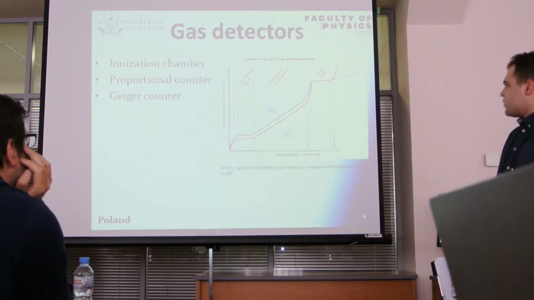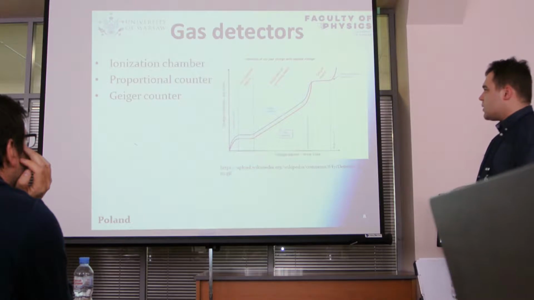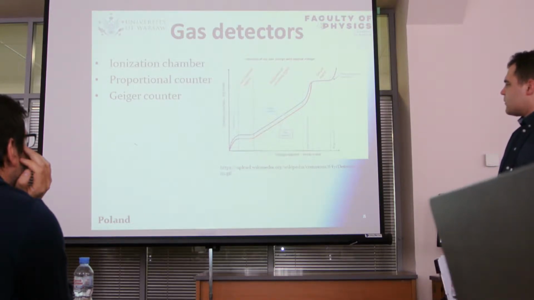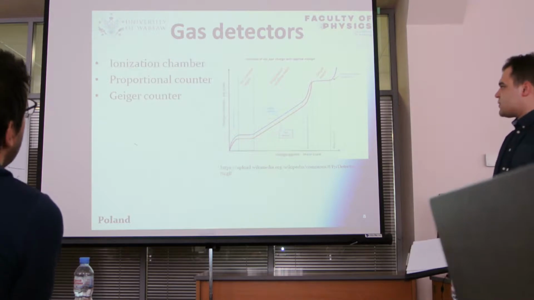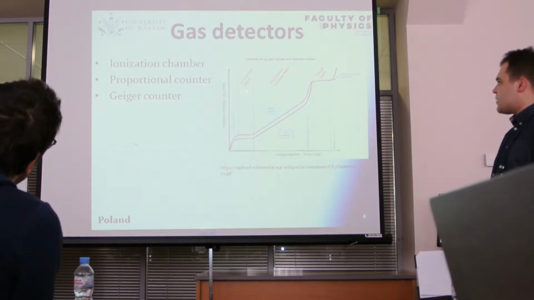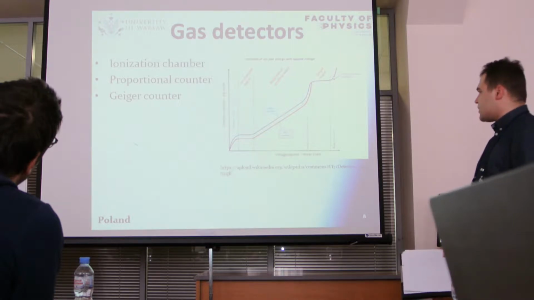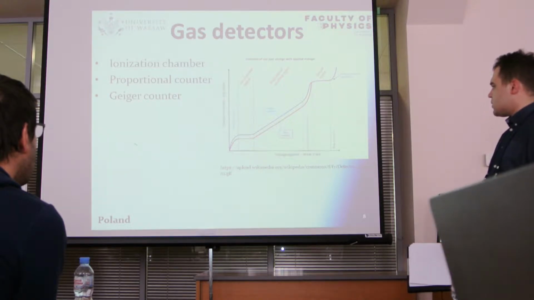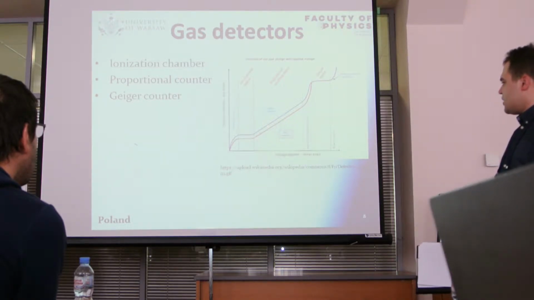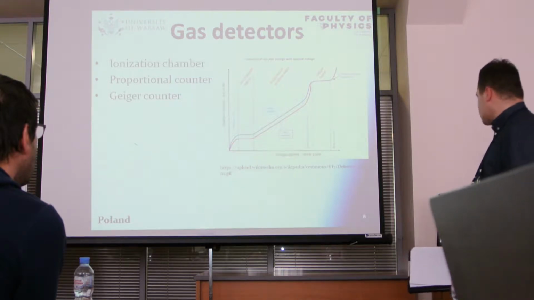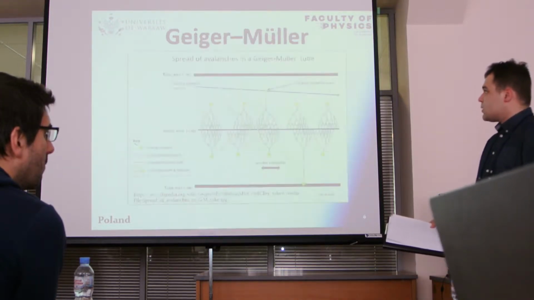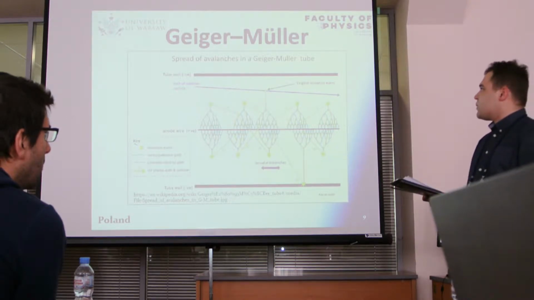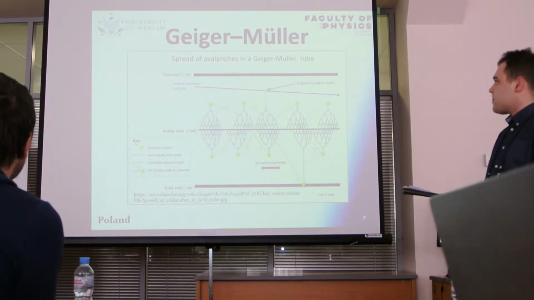As we can see, there are three regions of the work of such detectors. The first region is the ion chamber region, the second is the proportional counting region, and the third is the Geiger region. In the proportional region... Okay, so maybe I will tell something about the Geiger-Müller tube.